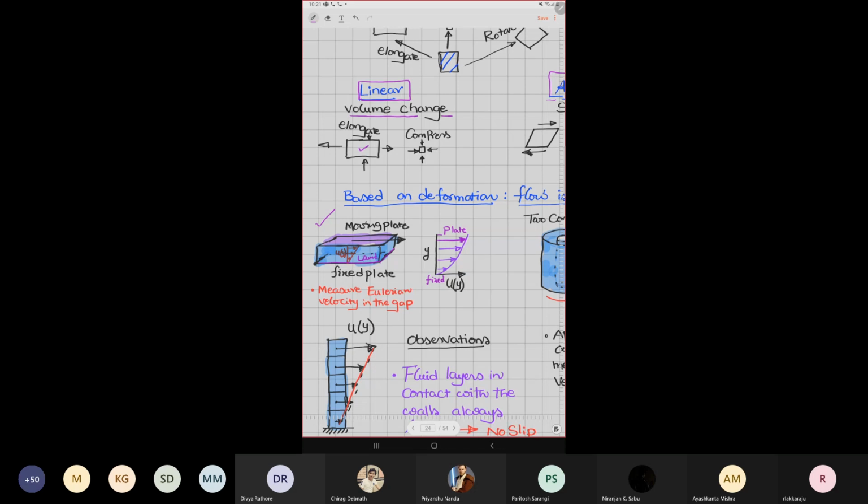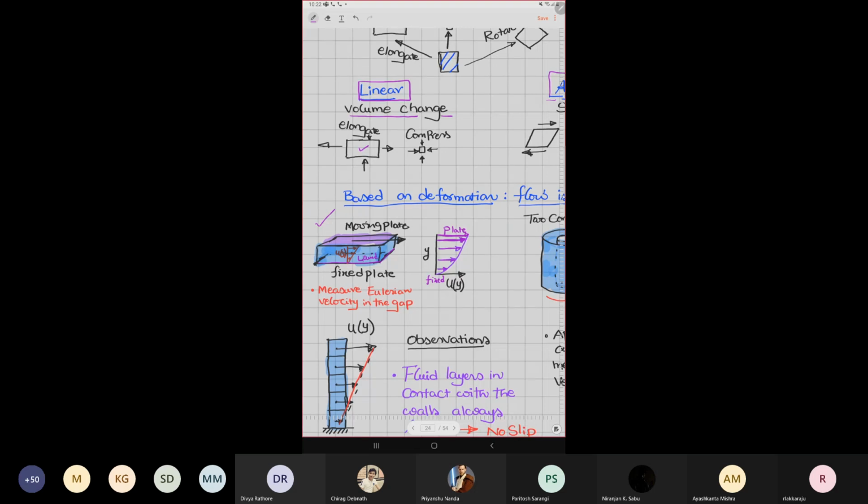That means the fluid layer in contact with the moving plate acquires the moving plate velocity, and the fluid layer in contact with the fixed plate always acquires fixed velocity. That means zero velocity. And what further people have observed, it changes as you go down from the plate.